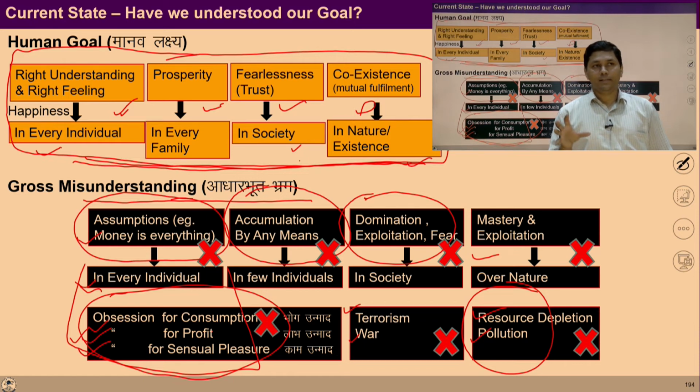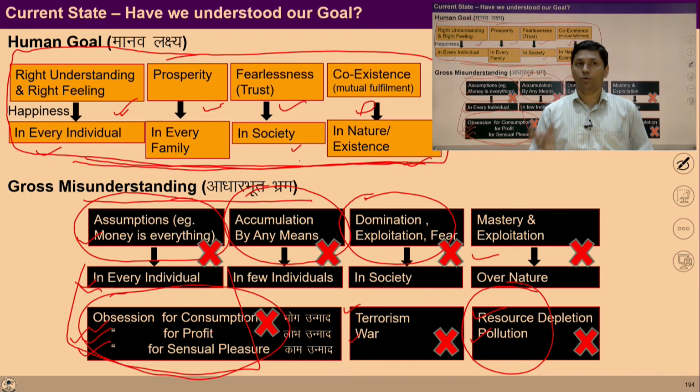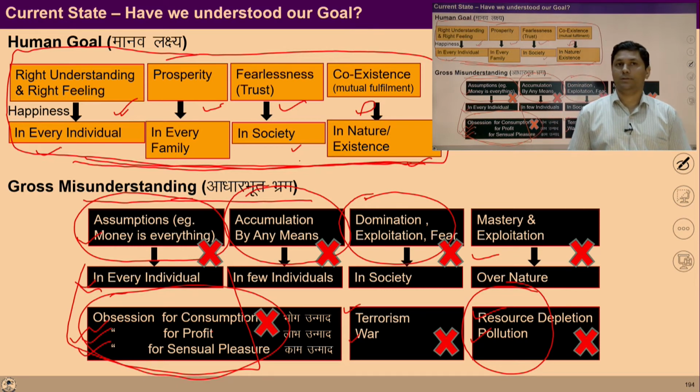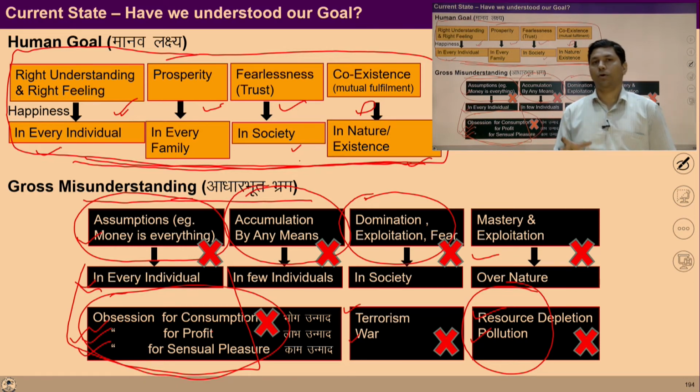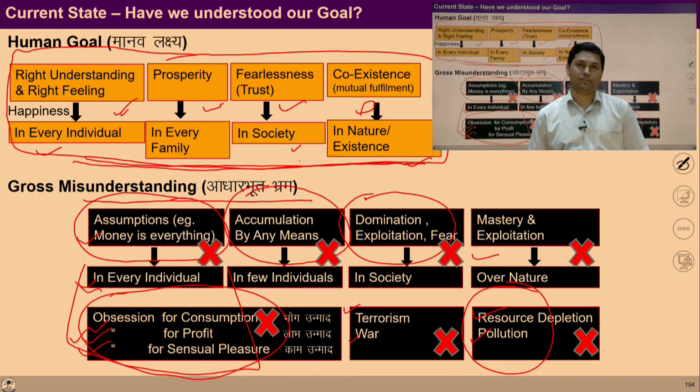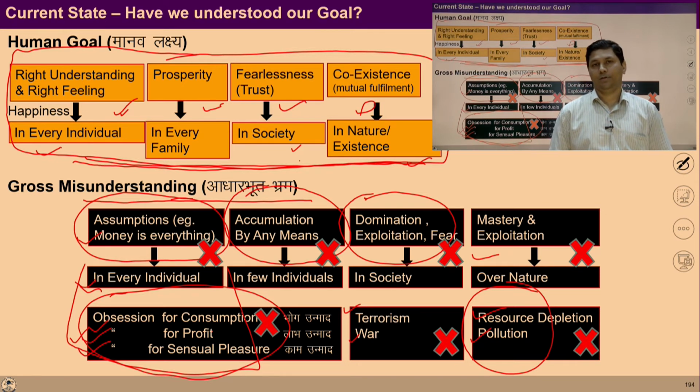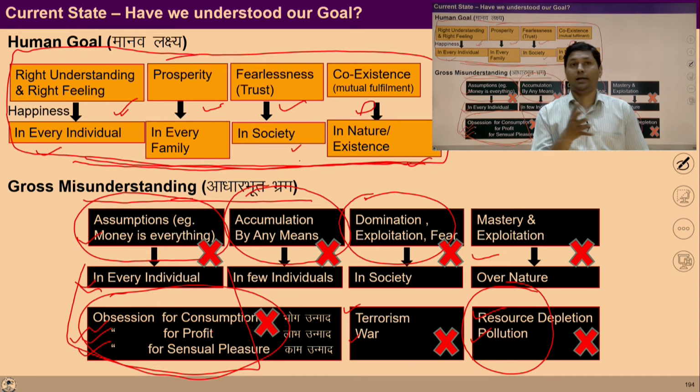Keeping this in mind, if you see the whole course, half of the course is focused on relationship, to understand the feeling of these relationships. You must remember this from the previous lectures, starting from lecture number 1.